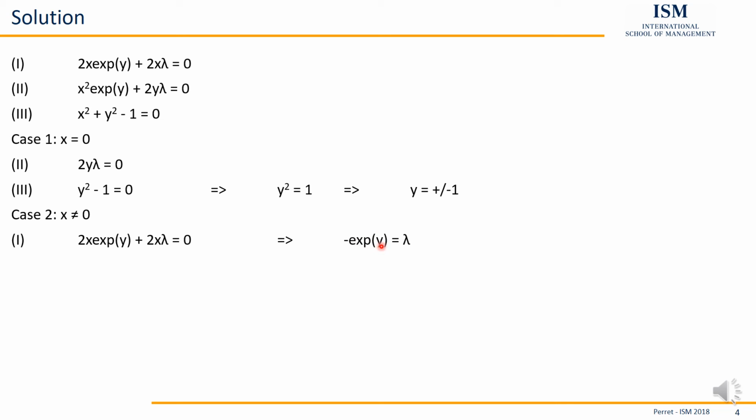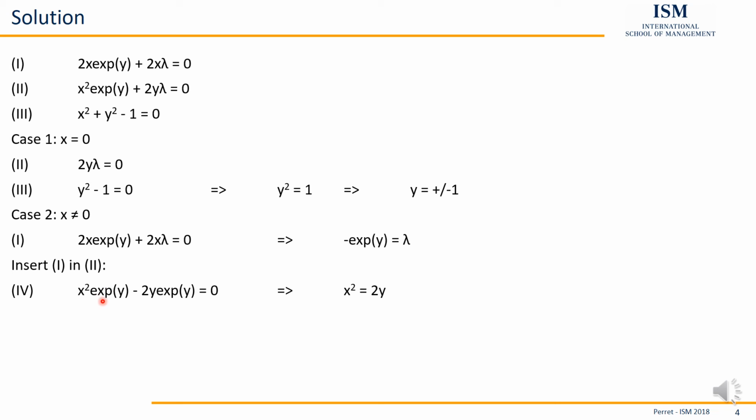One side the lambda, the other side what remains. I'm doing it like this because then I can use this first equation to replace lambda in my second one. I take this formula for lambda and replace lambda in my second equation, giving me this result.